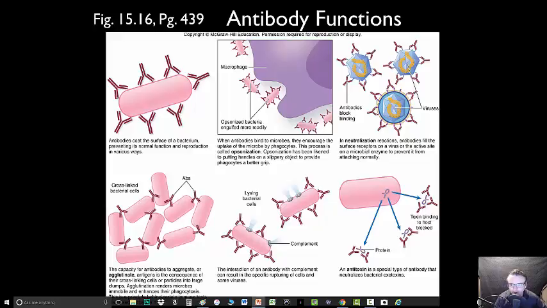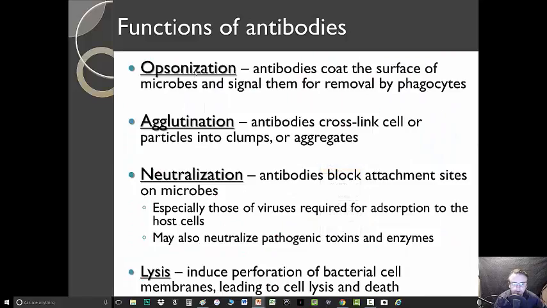So I showed neutralization here where viruses are neutralized. That can also apply to some of the toxic enzymes or toxins that microbes produce. So here it's showing how an antibody can block a toxin and prevent it from having an interaction with the host. So that's another way that neutralization can occur. Okay, so just go back one more time here in case you didn't get it all. These are the 4 primary functions of antibodies.